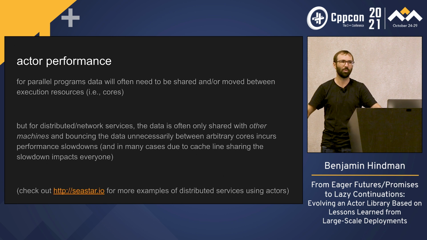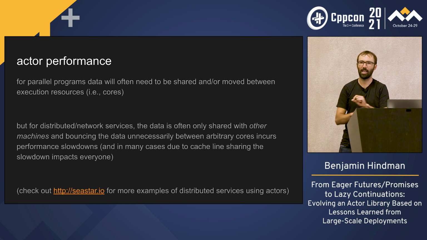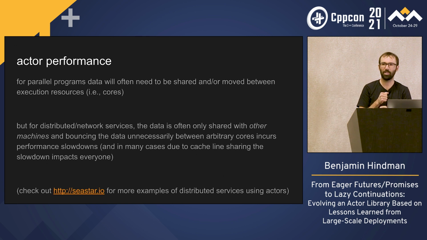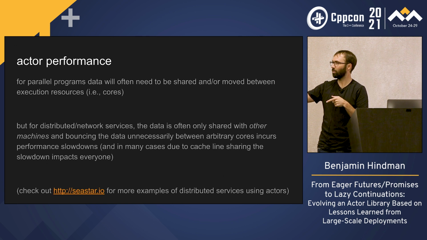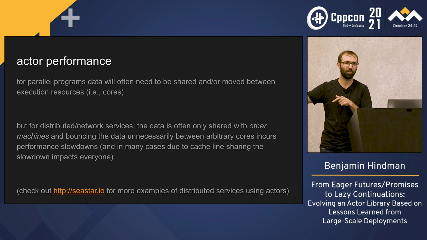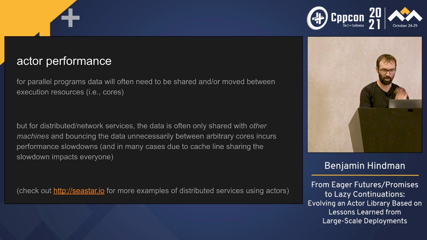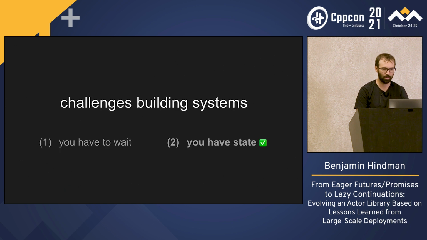The data is often shared with other computers. Bouncing the data around within a single computer is not really a good use of the resources. Keeping that data on a single core as much as you can provides huge, huge performance benefits. Check out the C* project, for example, of building some big, massive distributed systems in C++, using this actor paradigm. So actors, okay? All right.